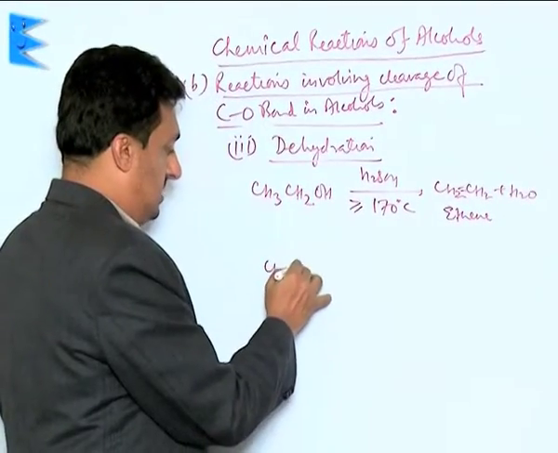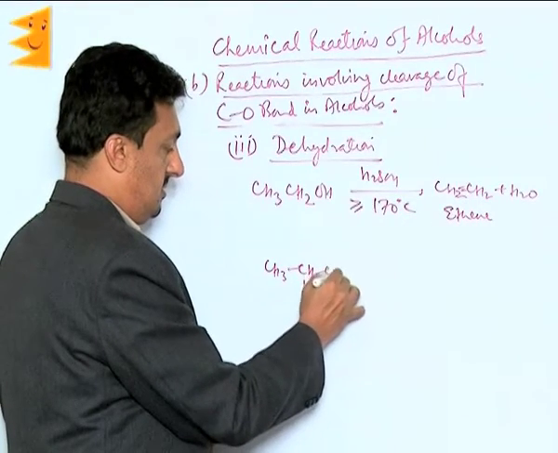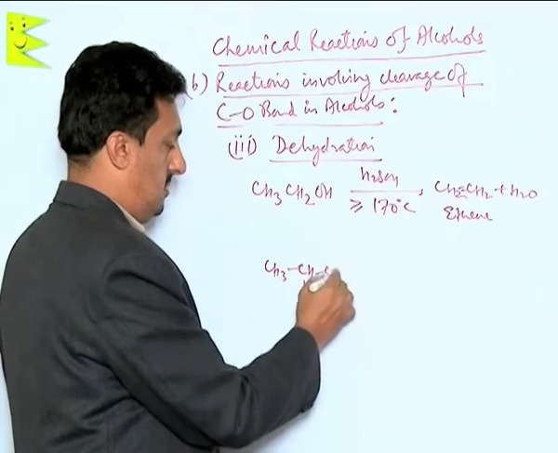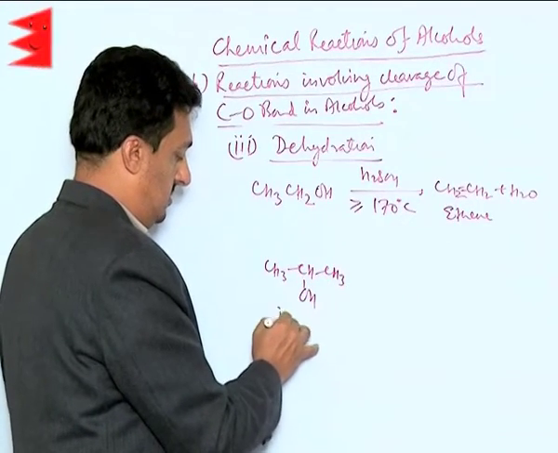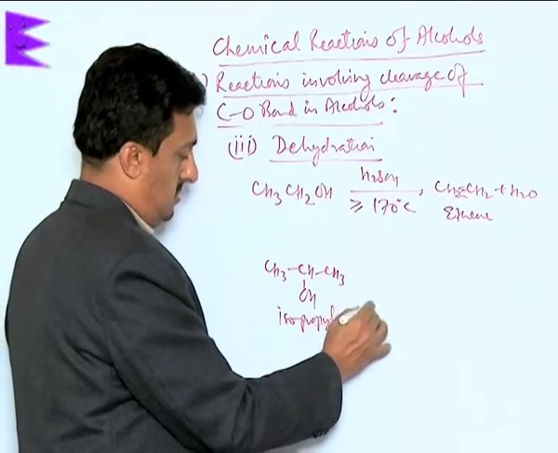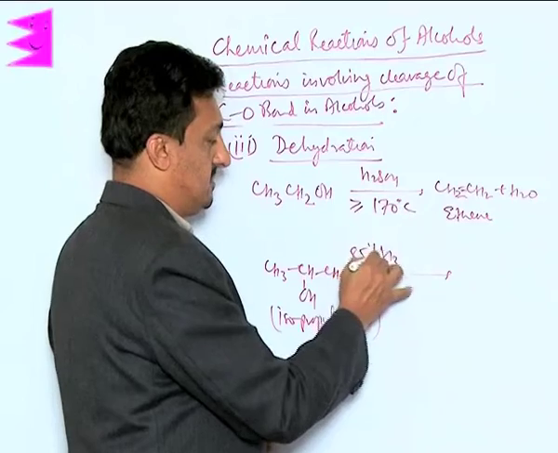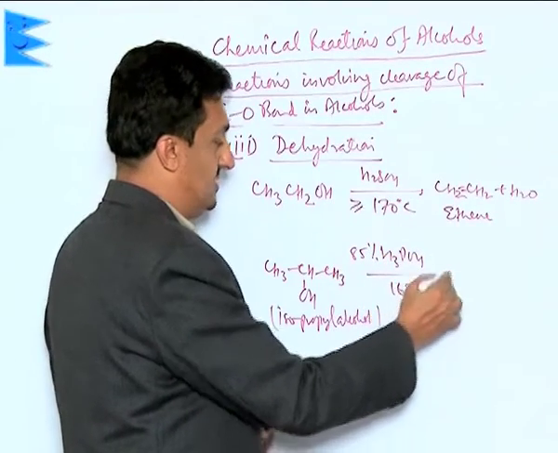The isopropyl alcohol, on reaction with 85% phosphoric acid at 167 degrees Celsius, gives us what?